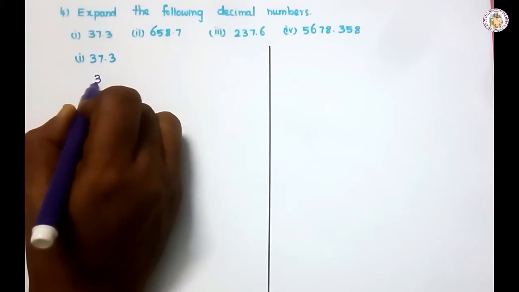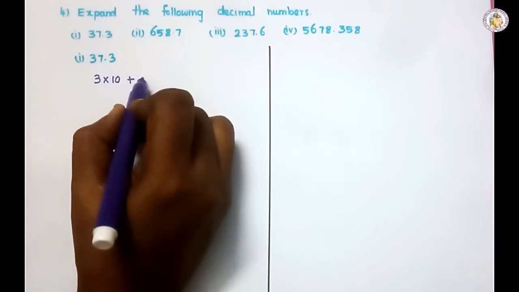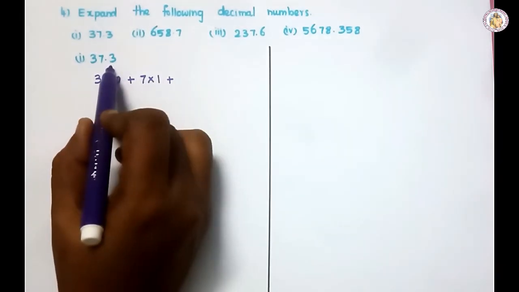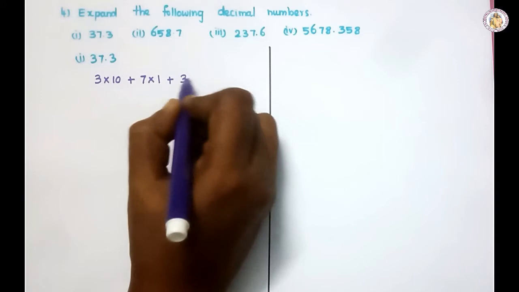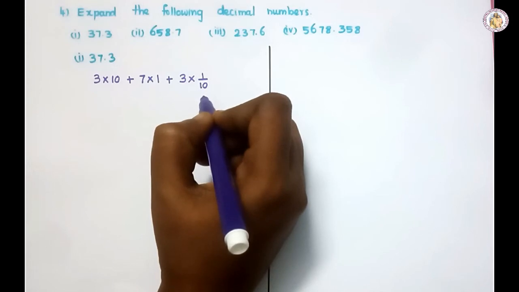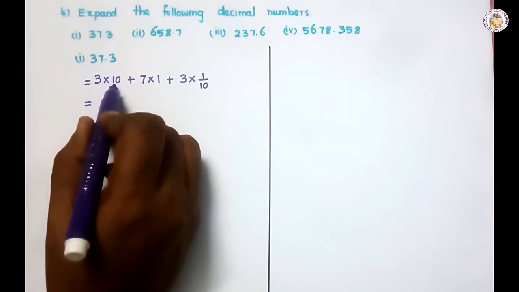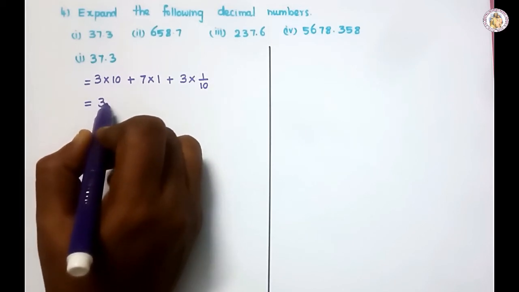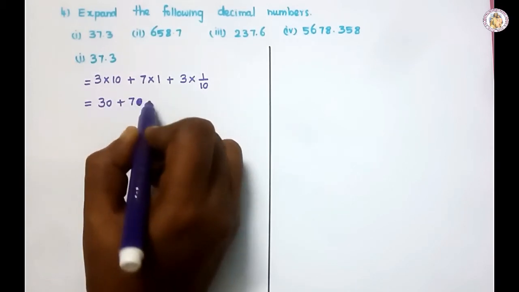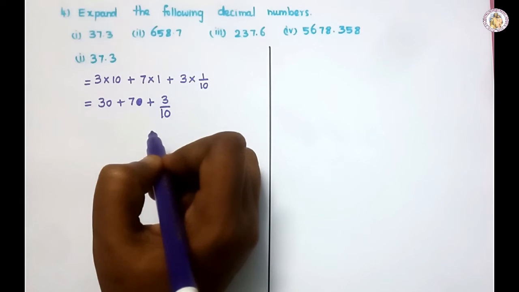So 3 is in the tens place. 3 into 10 plus 7 is in the ones place. 7 into 1 plus 3 into which place, that is the 10th place. So 1 by 10. Now 3 into 10, that is 30 plus 7 plus 3 by 10. That is the answer.